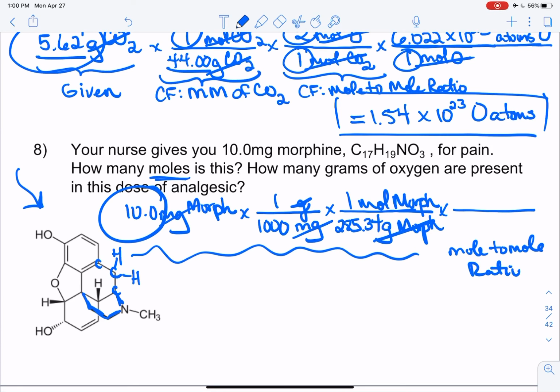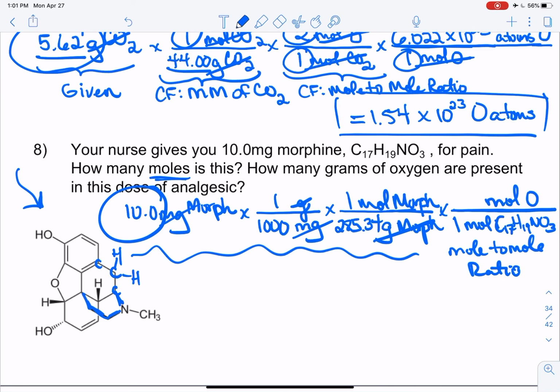Okay, so that's the type of conversion factor we have here. So we want moles on the top and we want moles on the bottom. So the question is, for every 1 mole of morphine, how many moles of oxygen do we have?